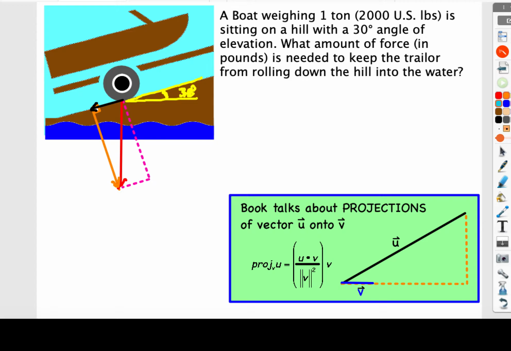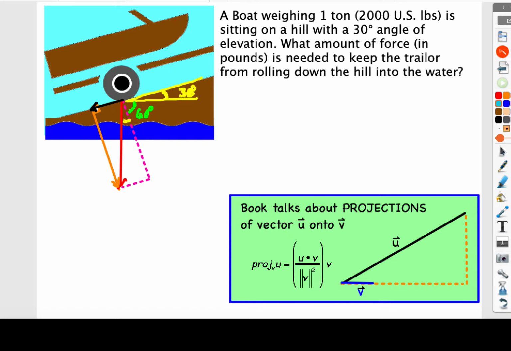So the nice part is, if we work a little geometry, if that's a 30-degree angle on the hill, that makes this angle right here 60 degrees, to make that perfect perpendicular with the hill. And if that's 60 degrees, this would be our 30 degrees inside here again, because that's perfectly horizontal to vertical.